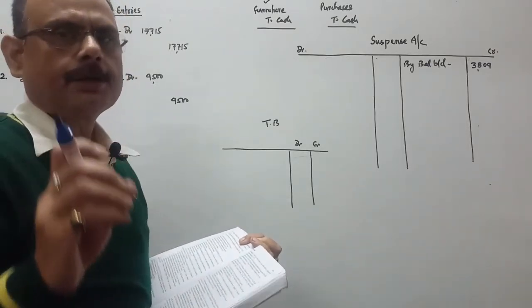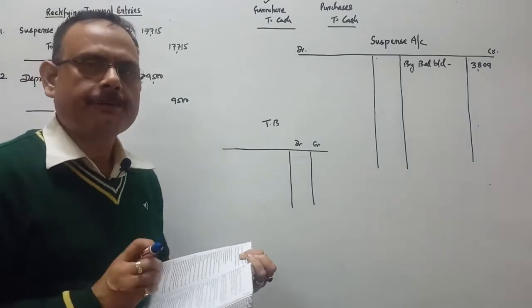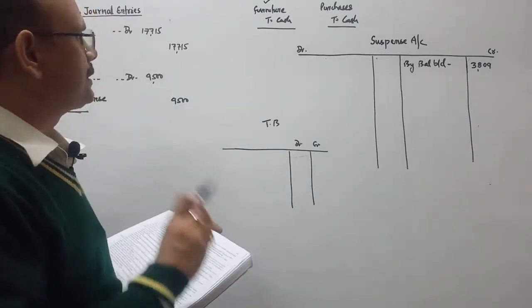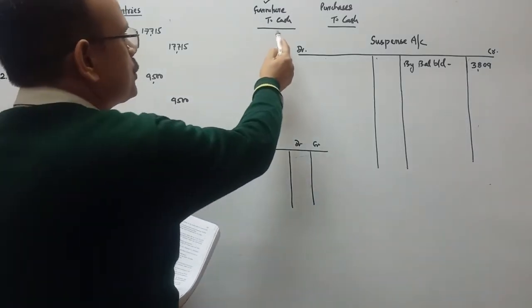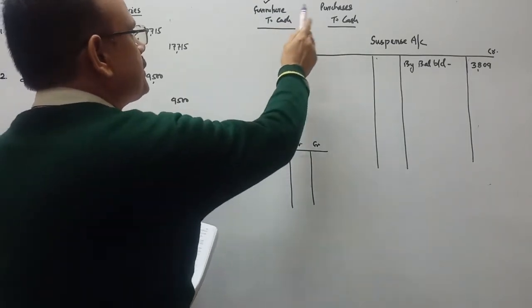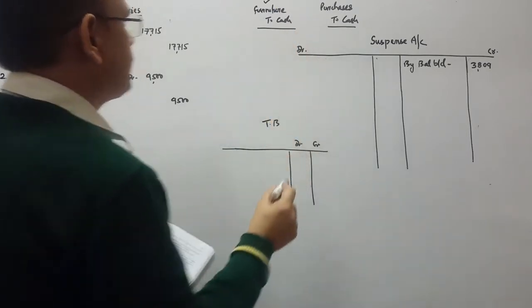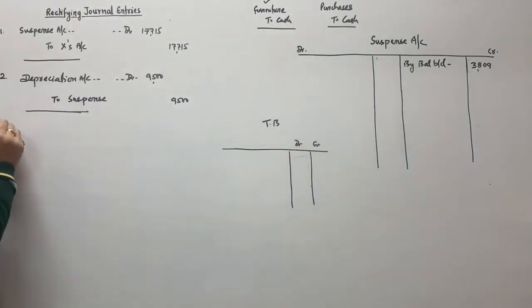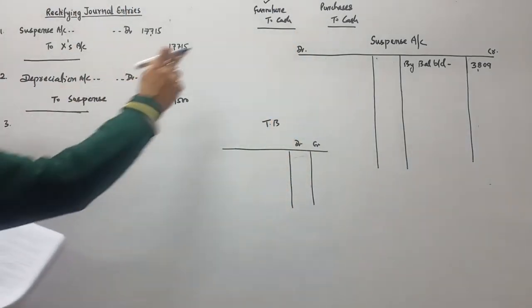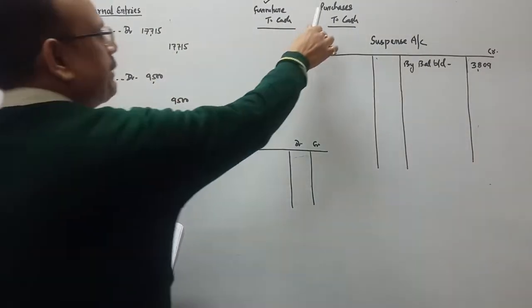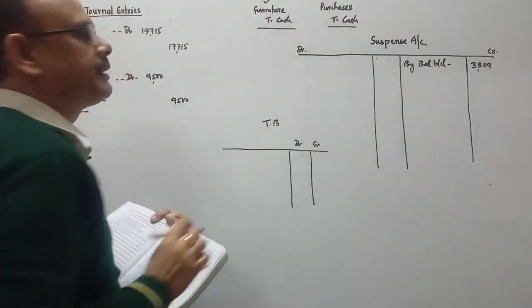So this is the error of principle. There is no error in cash. The error is in purchase. Instead of furniture, purchase is debited. Because of this error, the trial balance will match, because every debit has a corresponding credit with the same amount.